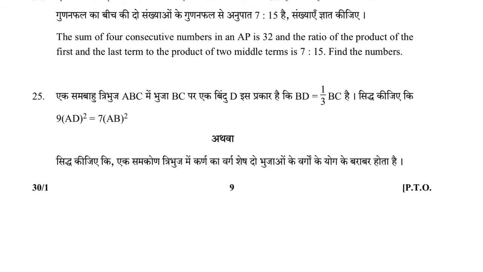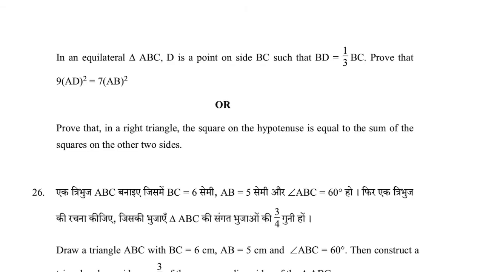Number 25. In an equilateral triangle ABC, D is the point on side BC such that BD is equal to 1/3 of BC, and we need to prove that 9 times AD square is equal to 7 times AB square.